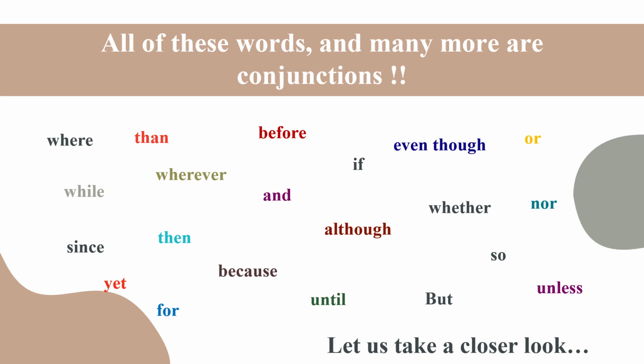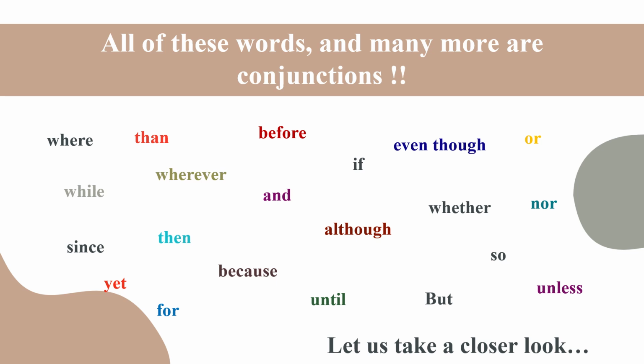In this specific slide, can you all see there are various kinds of words provided? And what are these words? Have a closer look. Where, than, wherever, before, if, even though, or, whether, although, and, while, since, yet, for, then, because, until, but, so, nor, unless.